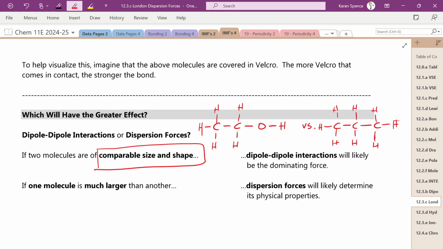Which of those two would have a higher boiling point and why?